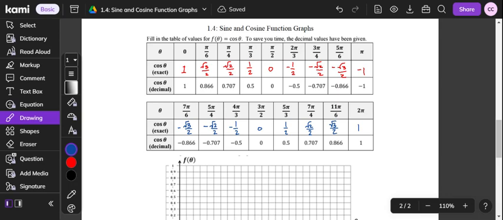All right, your table should have looked like this. For the top one, we start at 1, where the angle is 0 radians, and as we move counterclockwise around the circle, the x values decrease. So we start at 1 and we go down towards 0 once we hit pi over 2.